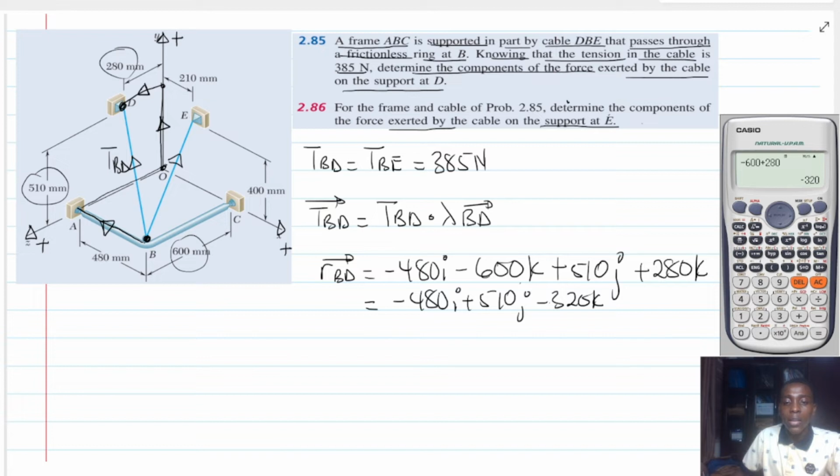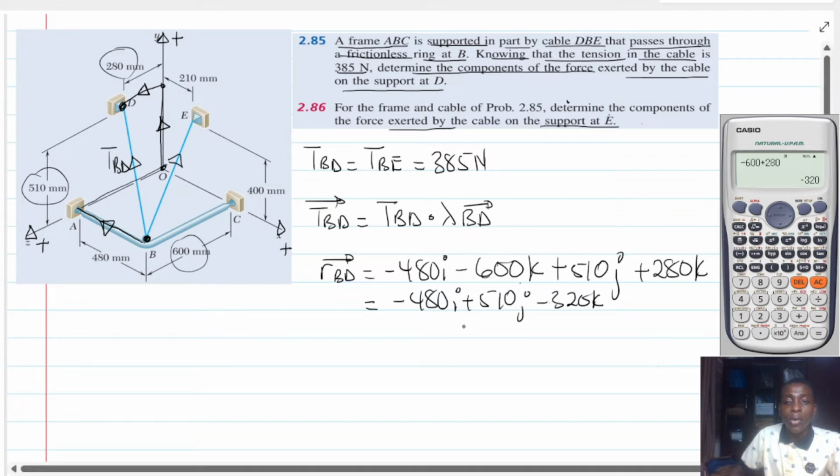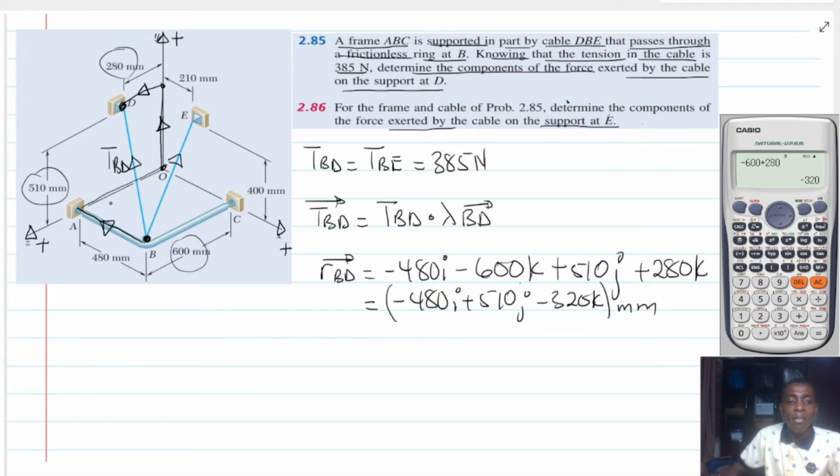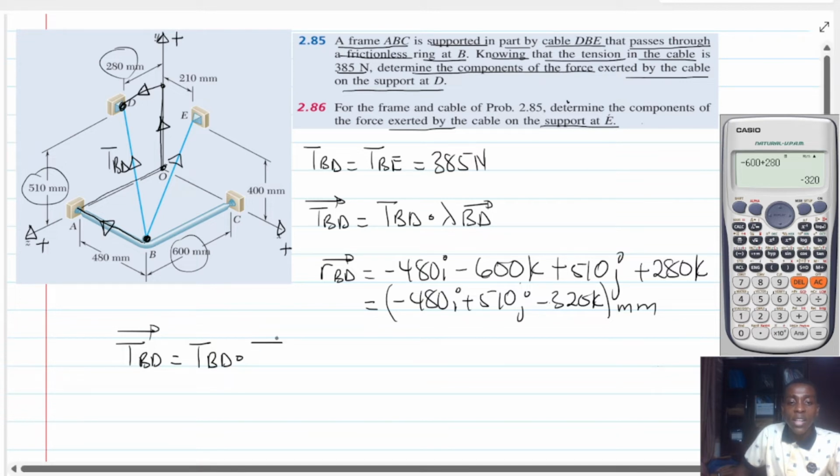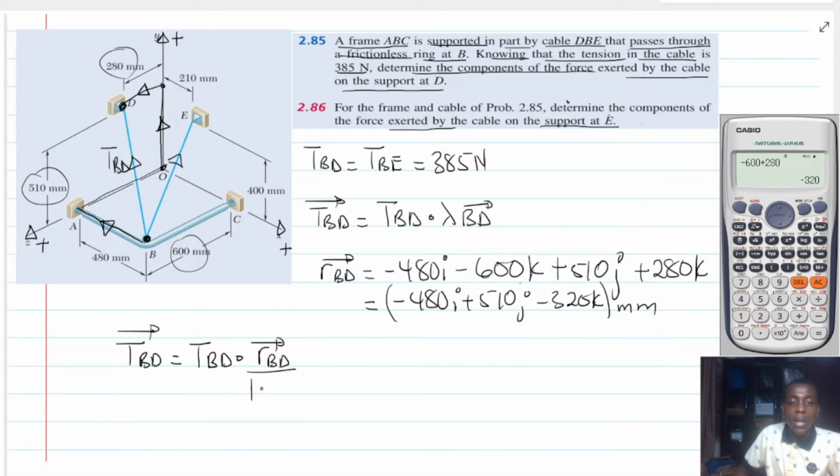All right, so that is it. This is in millimeters. What this means is that I've been able to express a position vector from B to D. And so if I want the vector BD, it's going to be the scalar, which I know, multiplied by a unit vector, and a unit vector is the vector BD divided by the magnitude of vector BD.